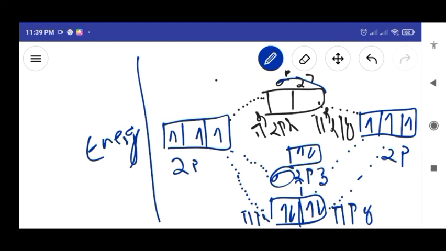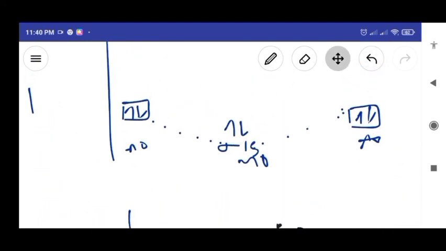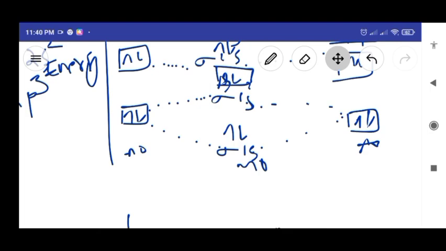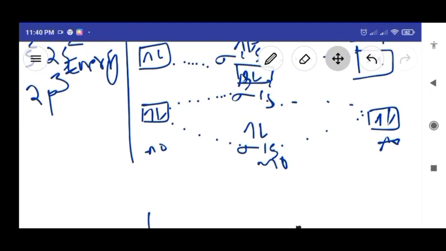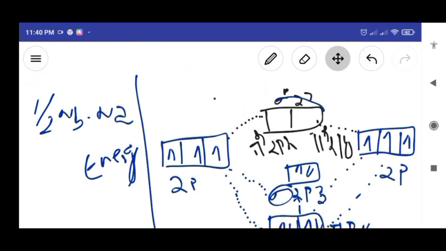So what will be the bond order? That is half of Nb minus Na, isn't it? If you take the bonding orbitals, here we can see sigma 1s2 is filled, sigma 2s2 also filled.